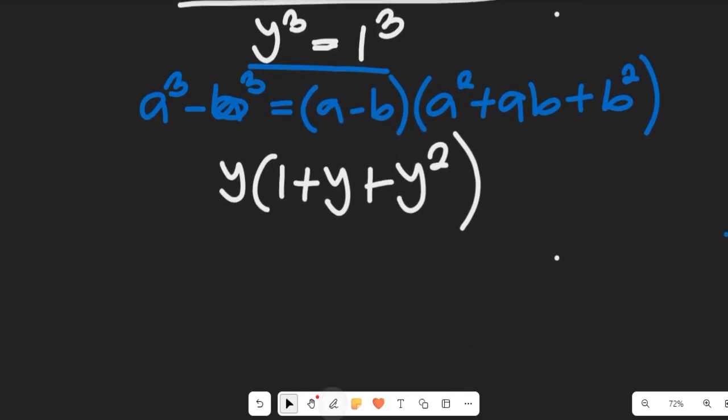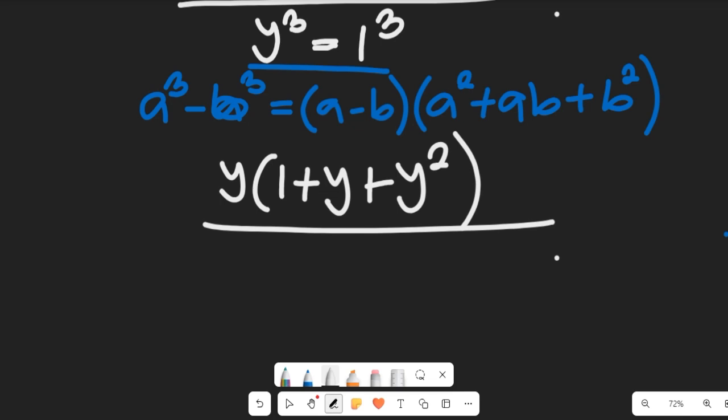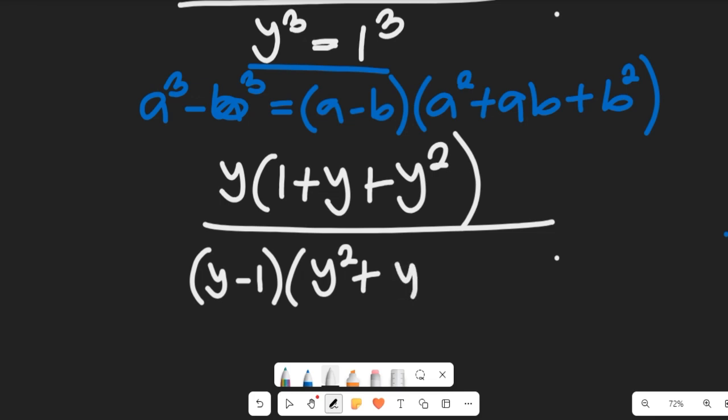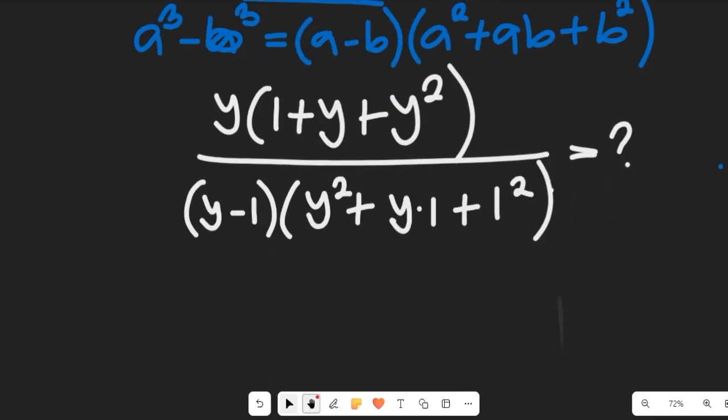Then this will be divided by, remember, my a is y minus 1, and then I'll have my a, y square plus y multiplied by 1 plus 1 square, right? Good, and this will give me what solution. Let's expand this.